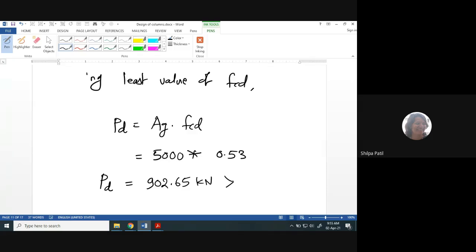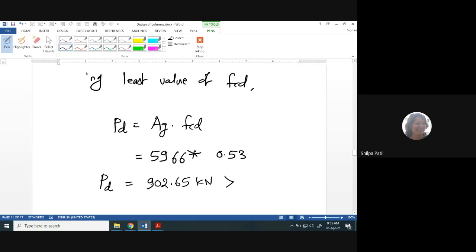And this value is, wait. 5,000 was the required area, na? We have to use the area of the section. What was the area of the section? Area of the selected section should be used here. Five nine six six. It was 5966.